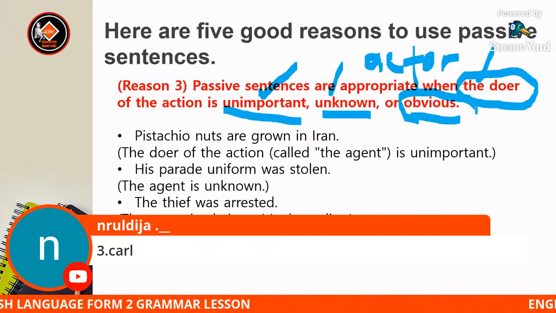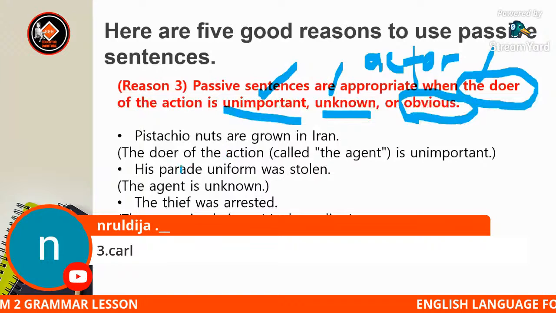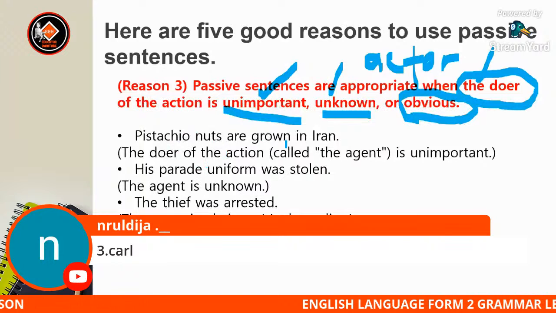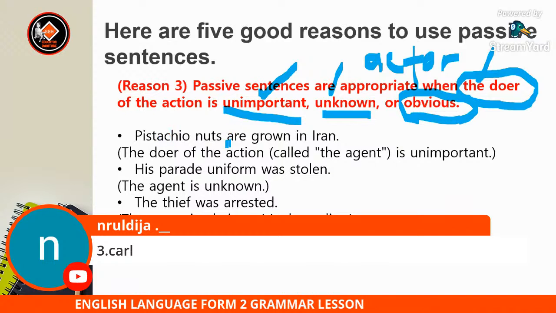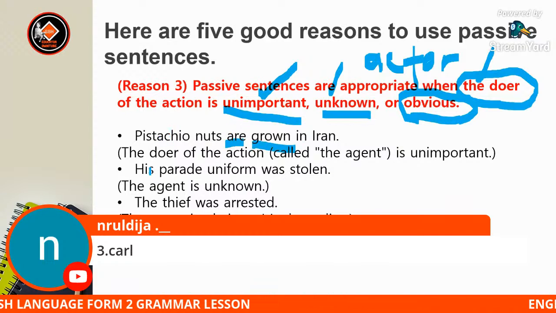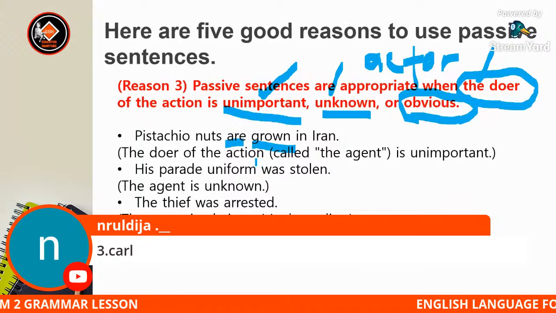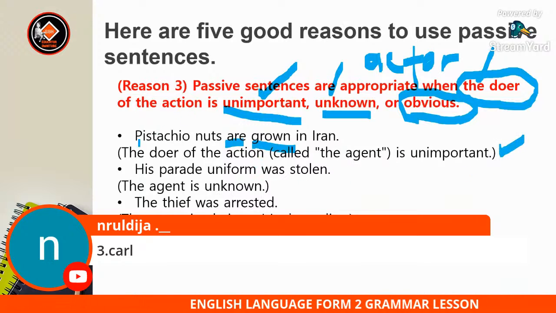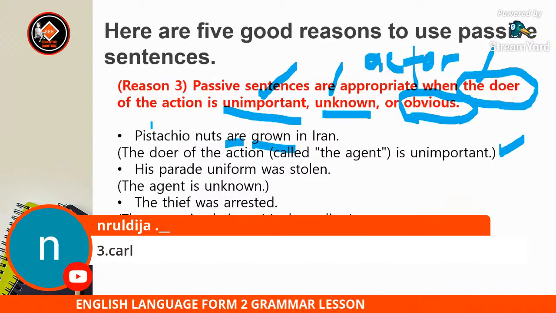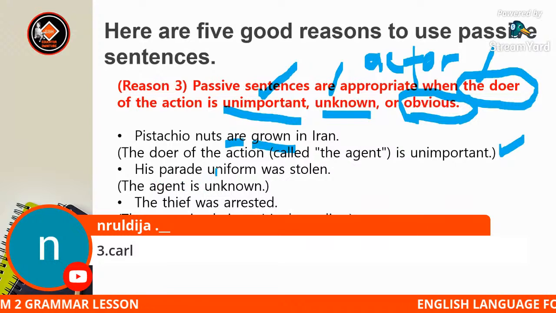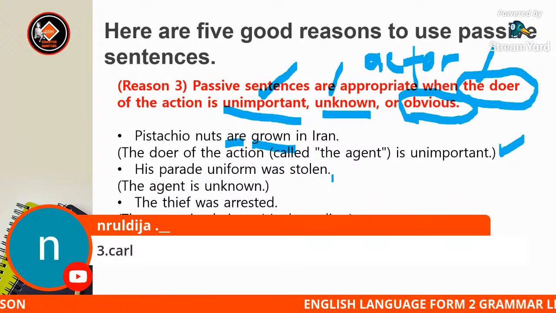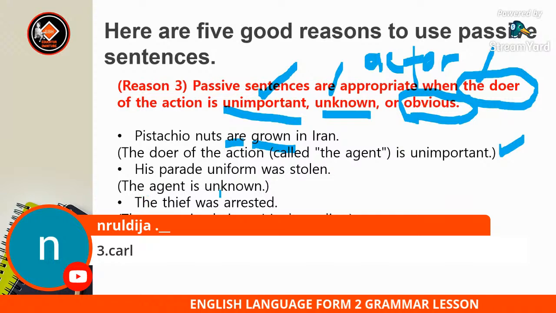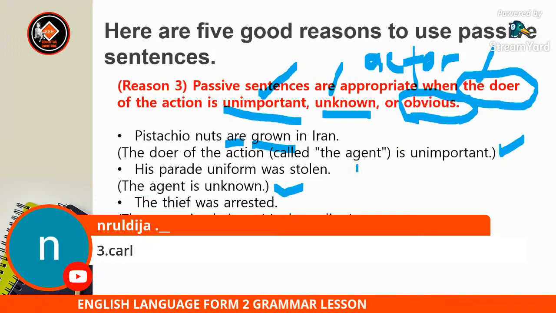Obvious means everybody know. Example, okay? Pistachio nuts are grown in Iran. Okay, so "are grown," ditanam. So the doer of the action, the actor, is unimportant, tak penting. Who grows the pistachio is not important because pistachio is more important. Okay. Number 2, his parade uniform was stolen. Who stole the uniform? The actor is unknown, tak tahu.